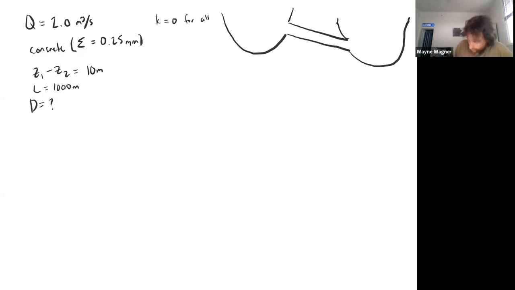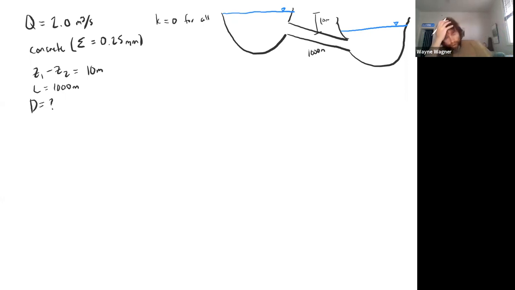They want the water to flow from one to another, and they want to have at least X number of cubic meters per second. This pipe is 1,000 meters long, a kilometer, and the elevation difference between the two is 10 meters. I think that's pretty much everything we can draw on there. Obviously you could draw that it's concrete if you wanted to.